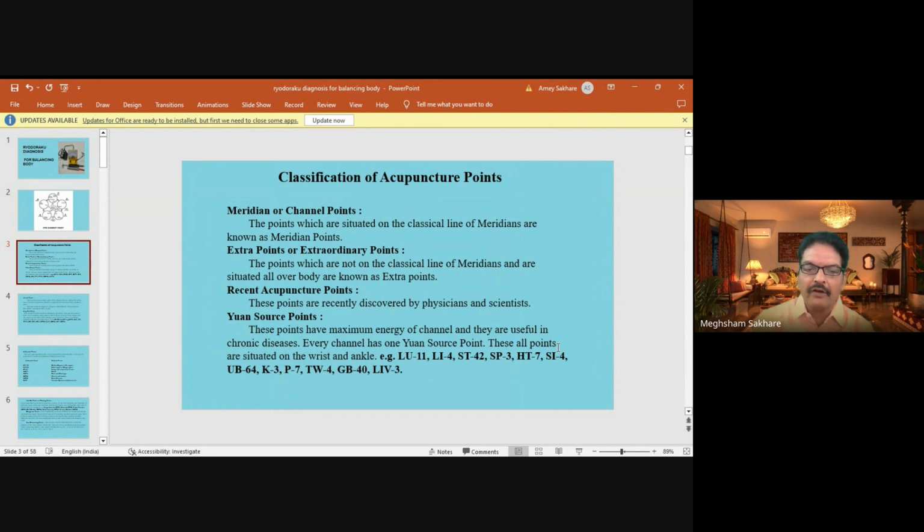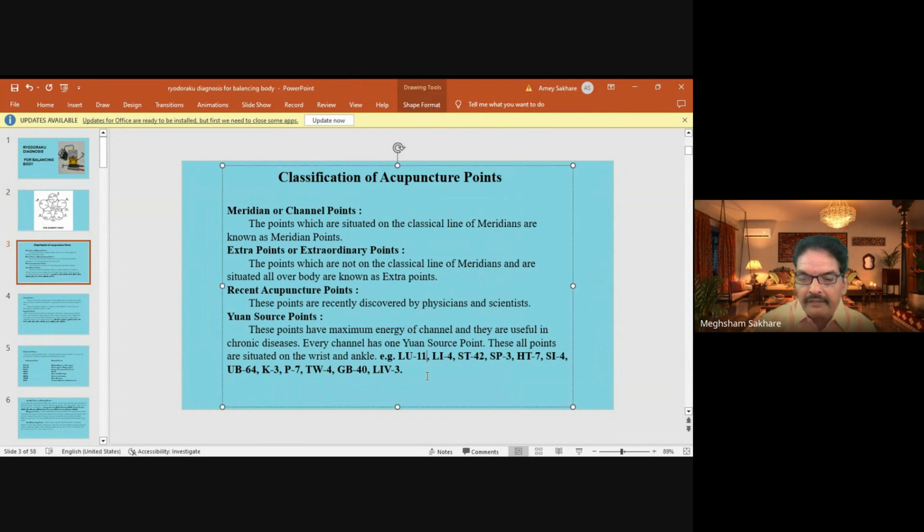For example, on the hand: lung 9, LI4, SI4, P7 are the yuan source points on the hand, and on the leg: stomach 42, spleen 3, UB64, K3, P7, and gallbladder GB43 and liver 3 are the yuan source points on the ankle.